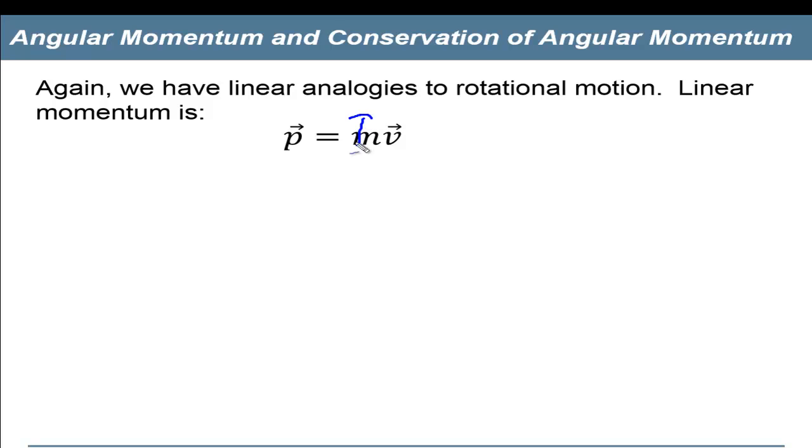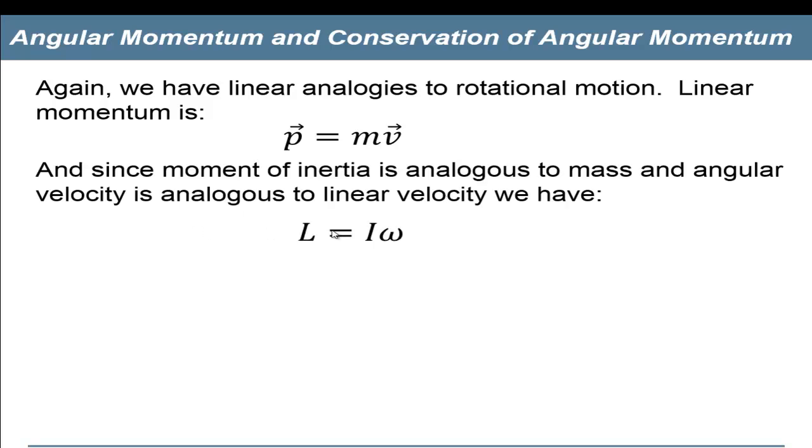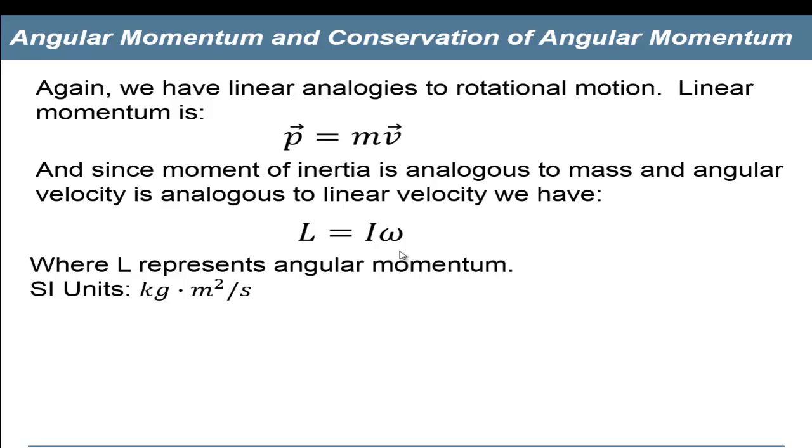So maybe angular momentum is moment of inertia times velocity gets replaced with angular velocity omega, right? And you'd be exactly right. We would have the angular momentum, which we represent with the variable L, is equal to I omega, the moment of inertia times the angular velocity.